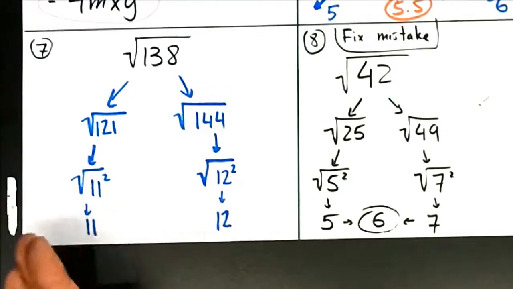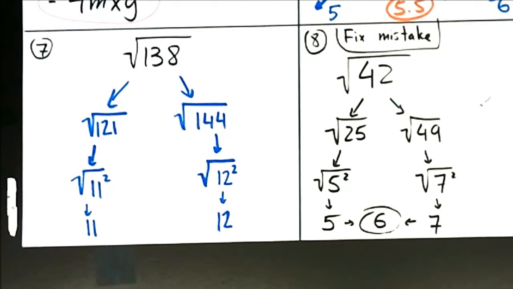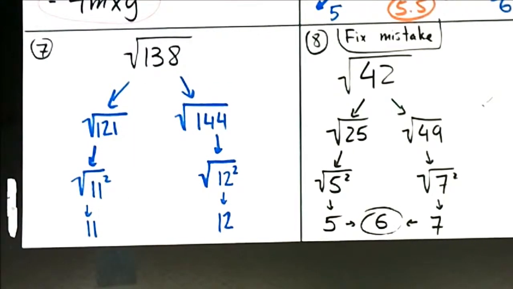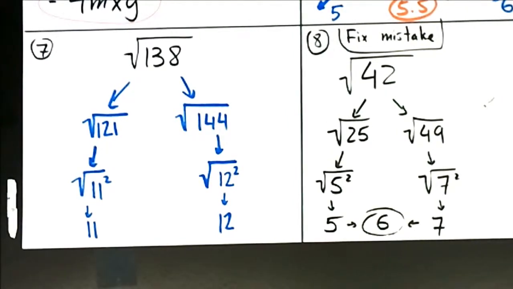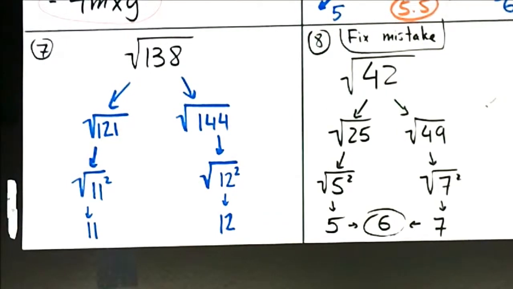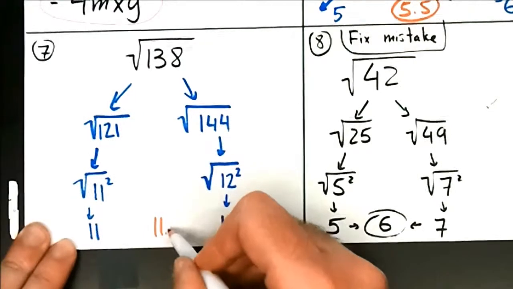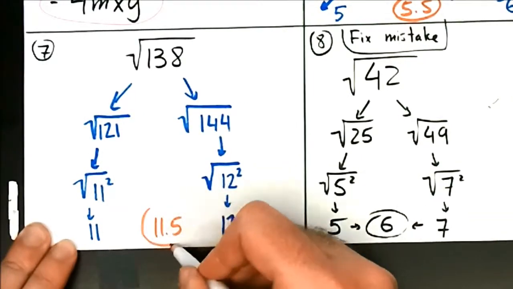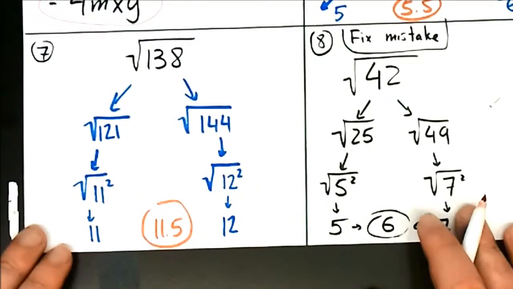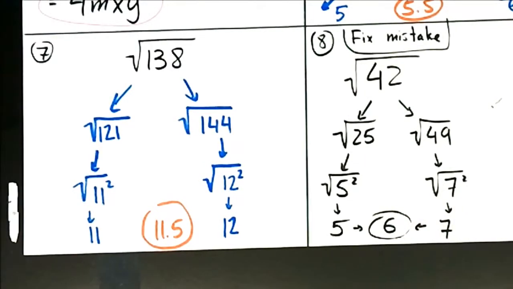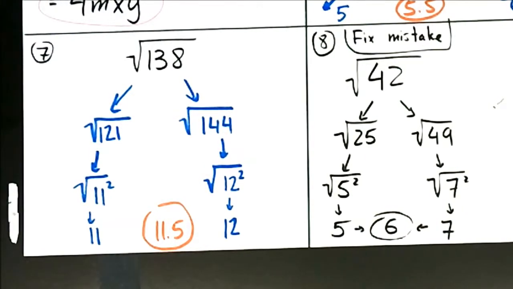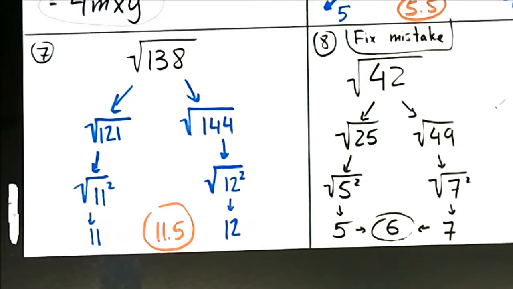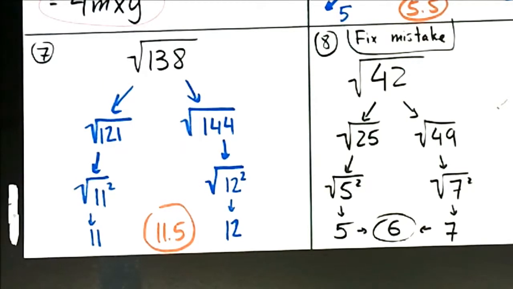So if 138 is in between 121 and 144, the simplification to 138 should be approximately 11.5. It's a little closer to the 144, but it's probably more like 11.6, but 11.5 works for us. Questions on 7?